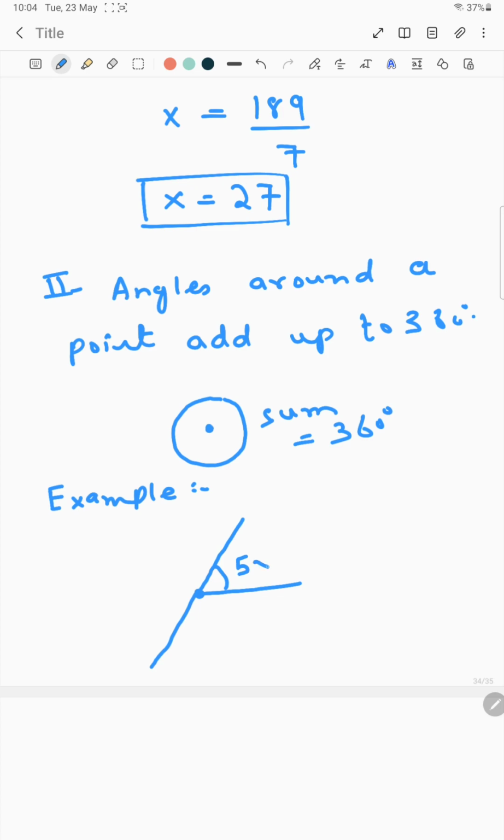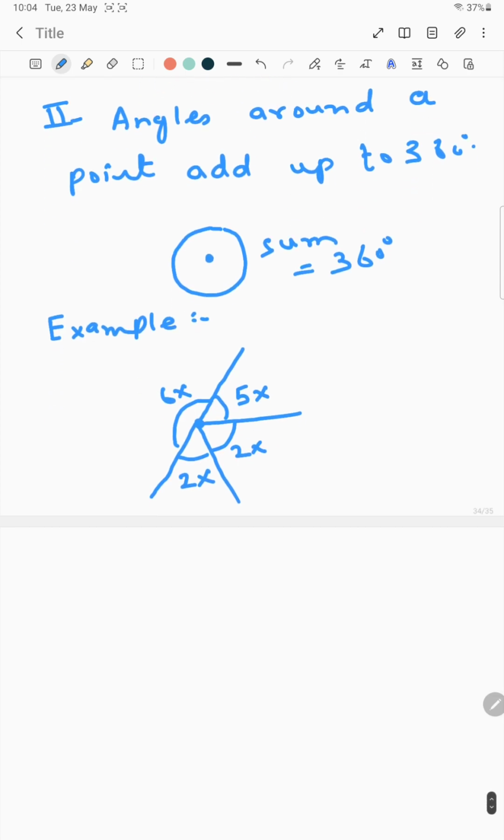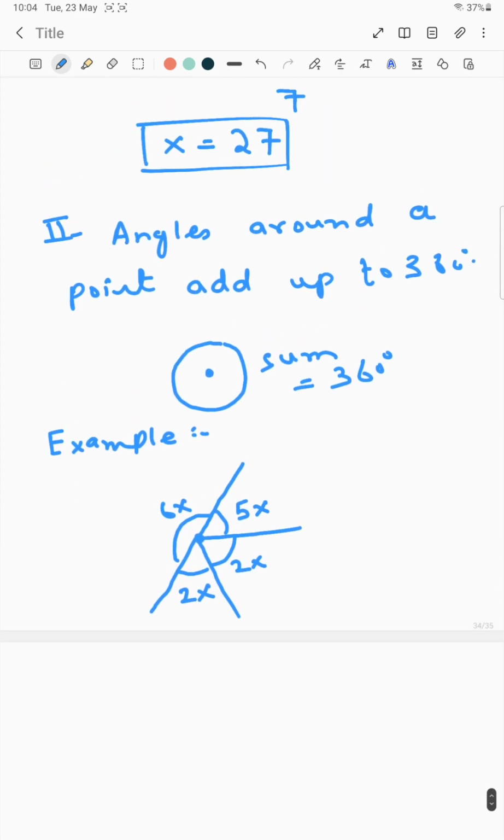This angle is 5x, this angle is 2x, this angle is 6x, and this angle is also 2x. See, these are the angles around a point, and as we have written in the remember points, angles around a point add up to 360 degree. It means all these angles are around a point, so their sum is equal to 360.